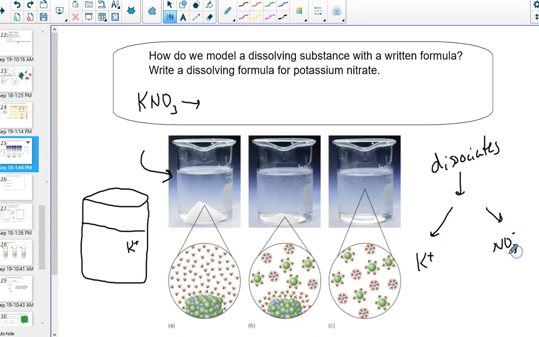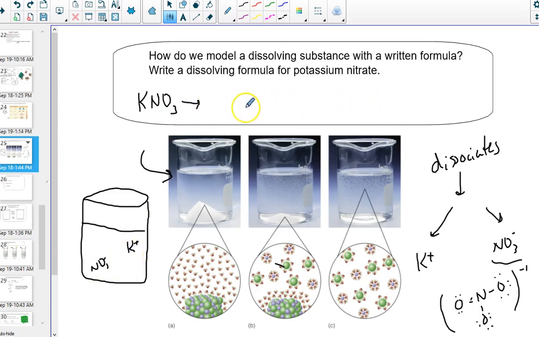This nitrate ion is molecular, so you could draw a Lewis structure of it with all the electrons on there. It is a whole, very tightly bound molecule, so we wouldn't want to separate that. We keep it together. So that's what it looks like in a beaker.